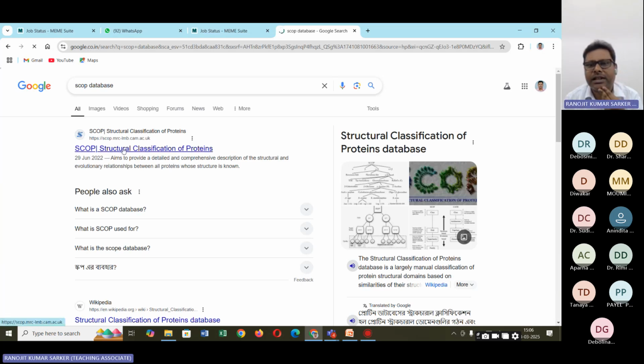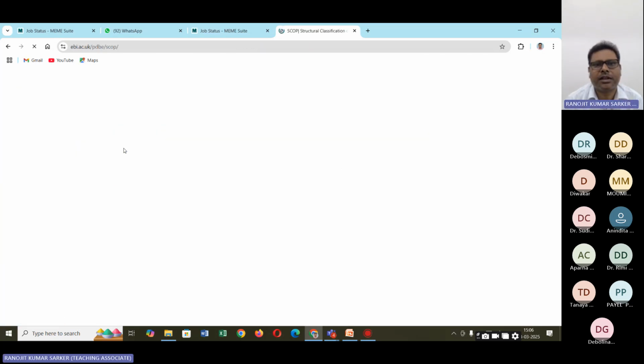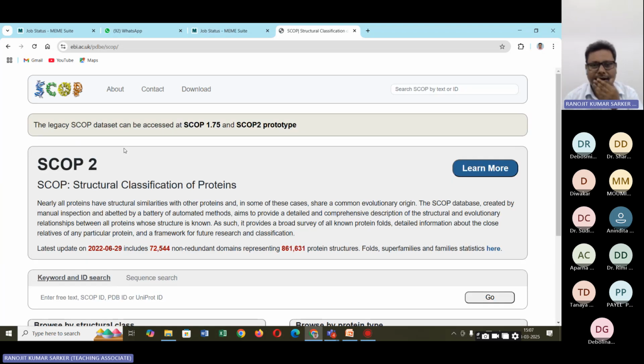So this is the Structural Classification of Proteins. I hope now you can see this. As I said, we have two prototypes. Either we can go through the SCOP 1.75 or the SCOP 2 prototype.